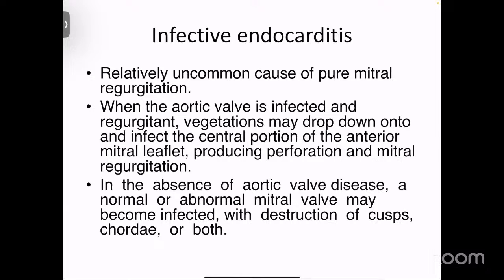Infective endocarditis is a relatively uncommon cause of pure mitral regurgitation compared with its etiologic frequency in aortic regurgitation. However, when the aortic valve is infected and regurgitant, vegetations may drop down onto and infect the central portion of the anterior mitral leaflet, producing perforation and mitral regurgitation.